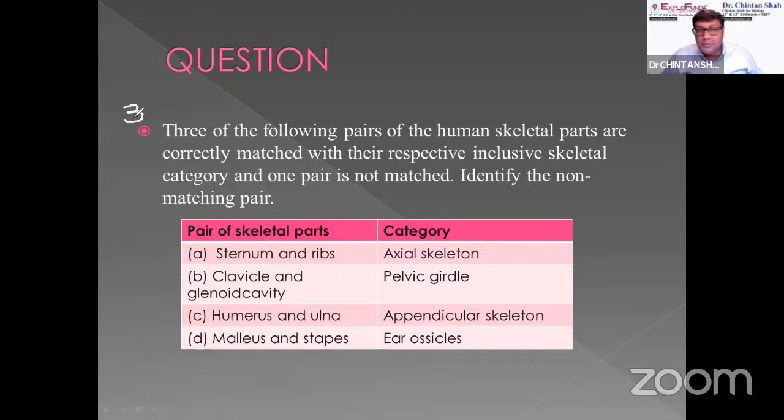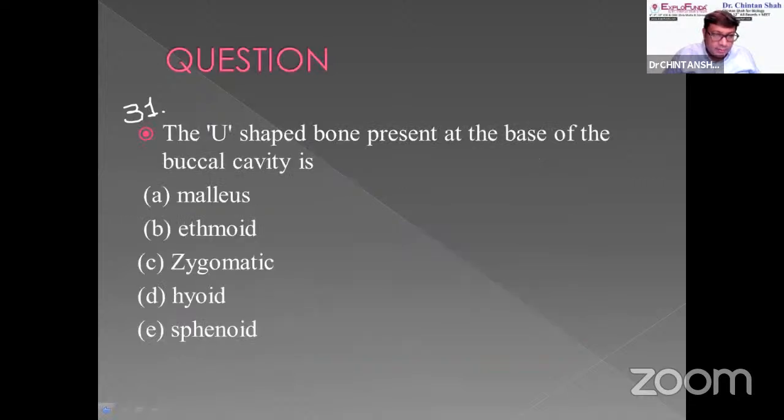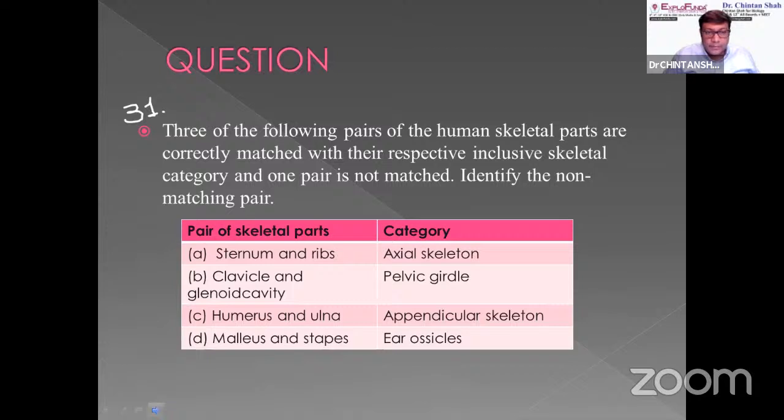Is it 31? Even I forgot. Okay, yes, so this is 31. Okay, thank you, beta. Which one is the wrong one?